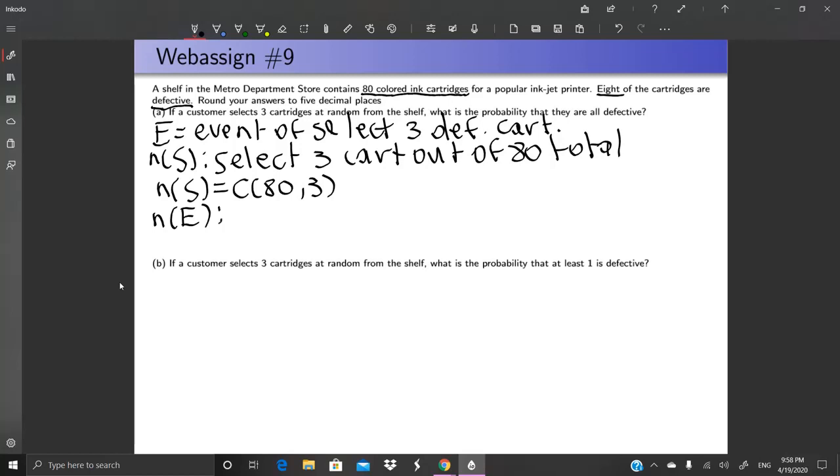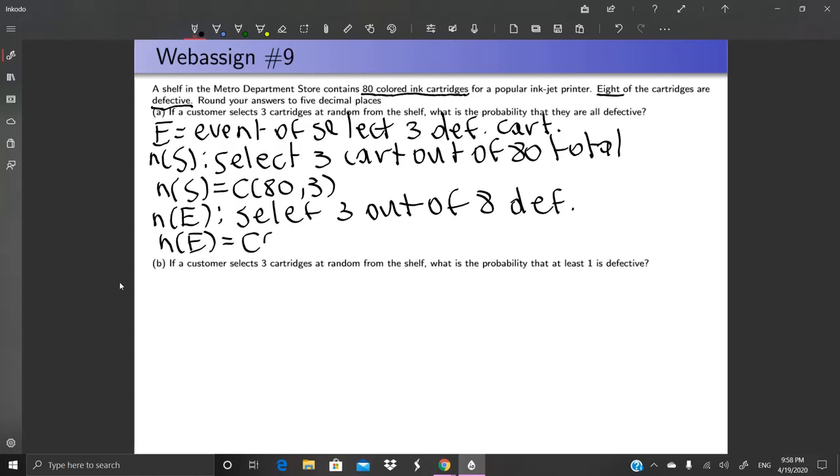So that means we want to select 3 out of 8 defective. Again, we can use combinations to do that. How do you choose 3 things out of 8 things, assuming the order doesn't matter?